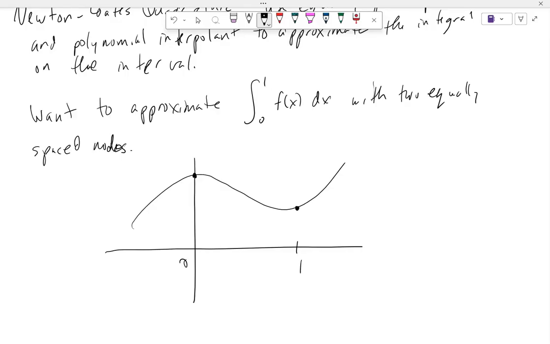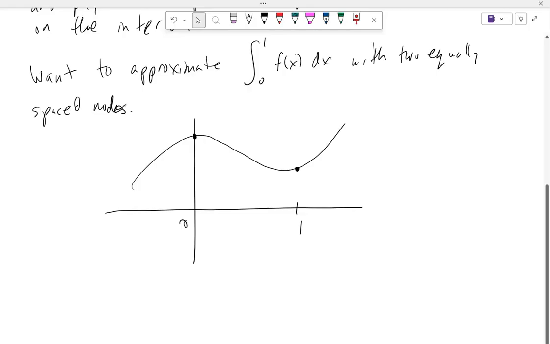At least I think it makes sense. All right. So if I have 2 points, what is the largest degree polynomial that interpolates those points? 1, right? Because the degree is always 1 less than the number of points we have.